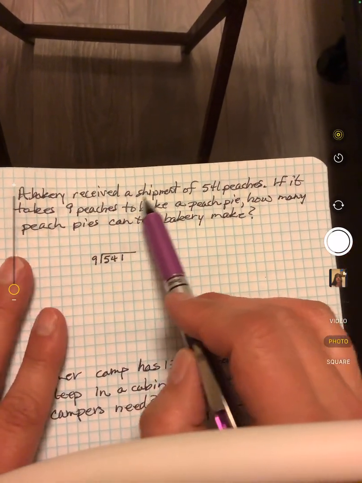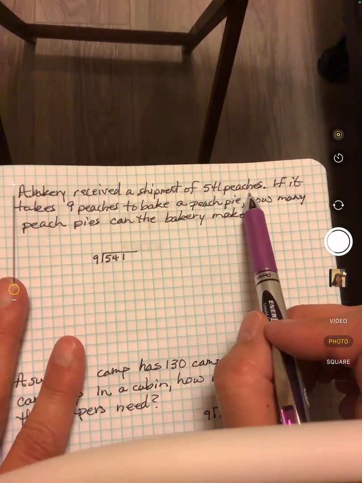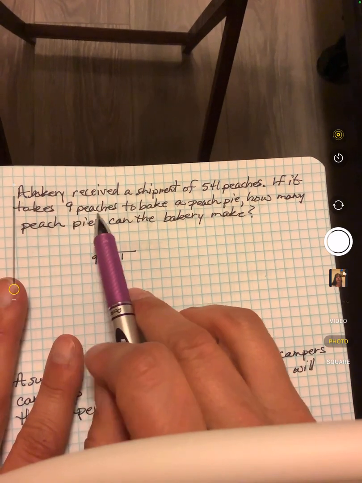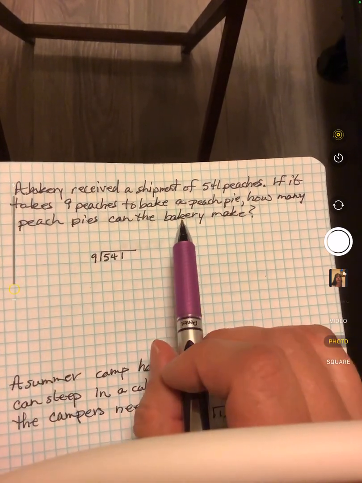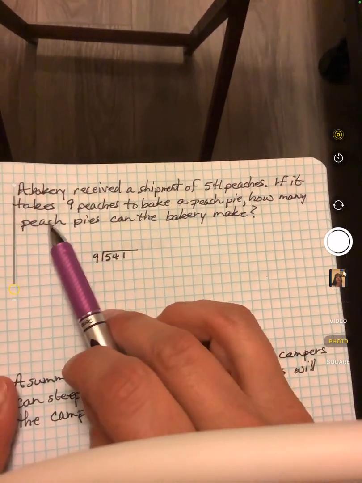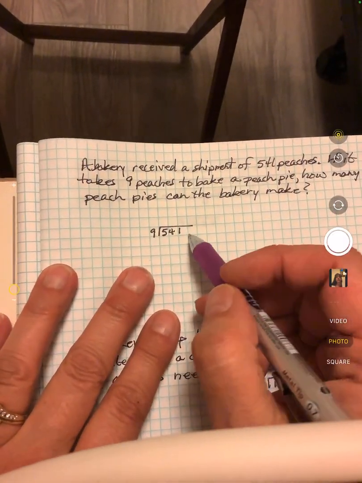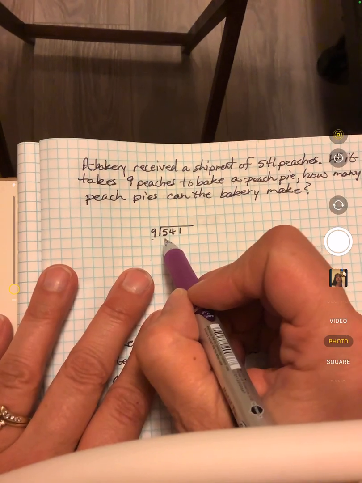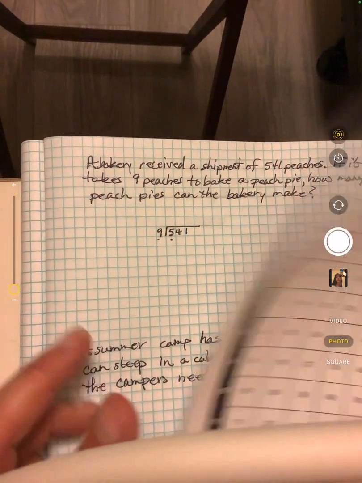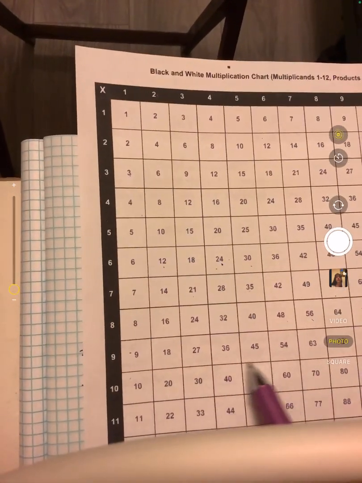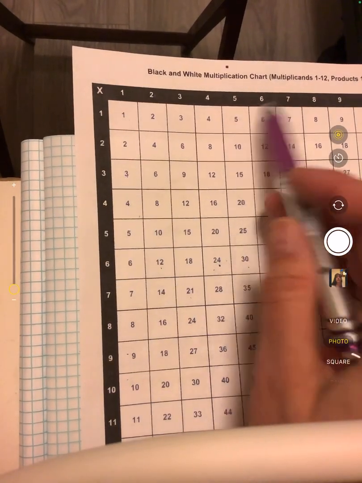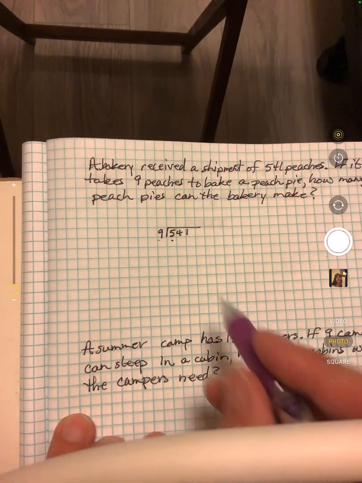Okay, a bakery received a shipment of 541 peaches. If it takes 9 peaches to bake a peach pie, how many peach pies can the bakery make? Okay, this is going to be like the water one again. 9 into 5, no. Can I put 9 into 54? There's 54. 6 times.